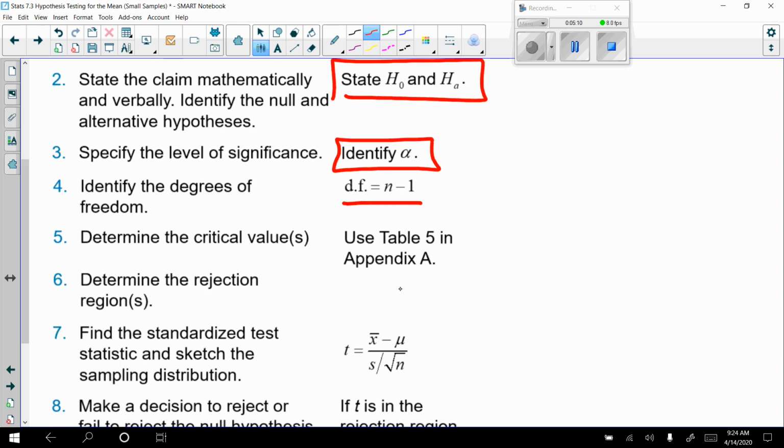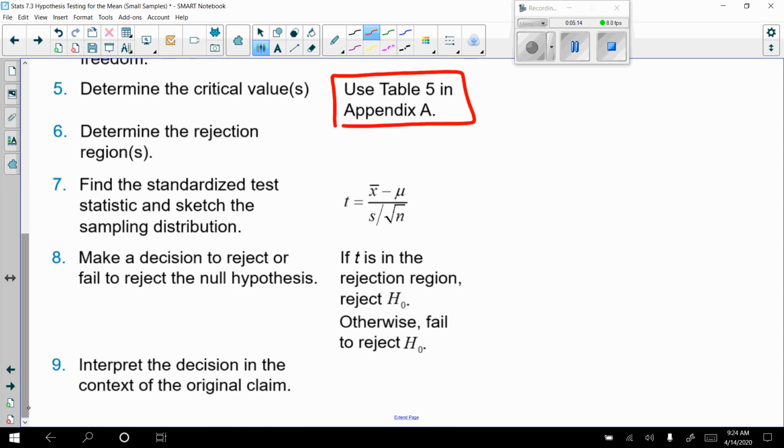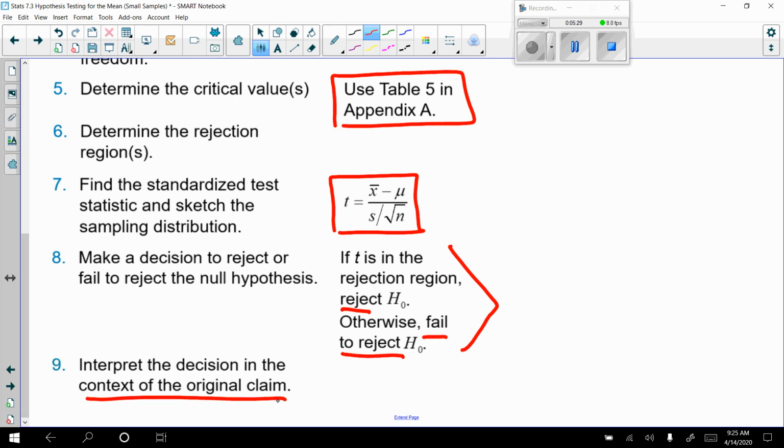Degrees of freedom is not new. You need to use the table in order to find your critical values. We found the t value before using this equation. And then this is new. We have to decide whether you're going to reject or fail to reject, and then make sure that you're interpreting your claim.